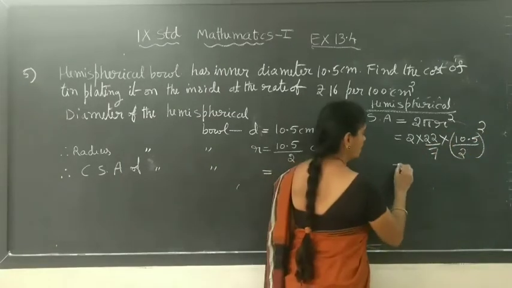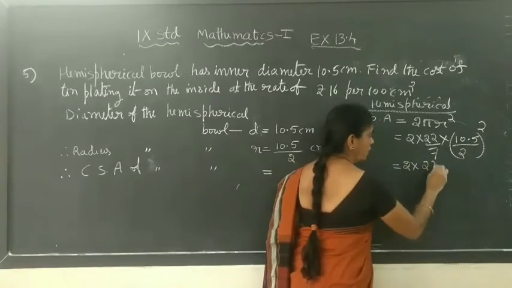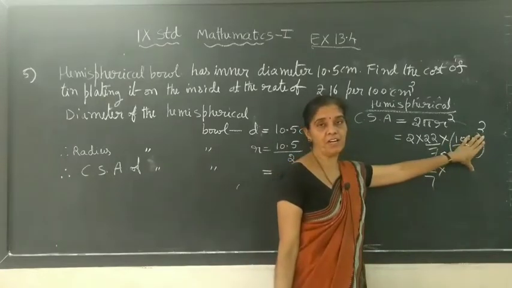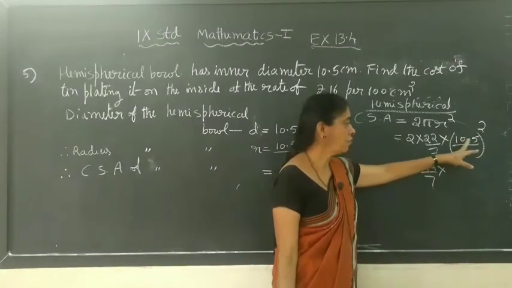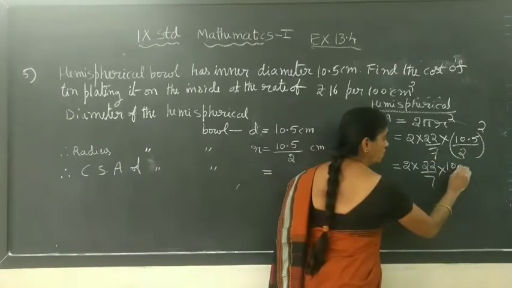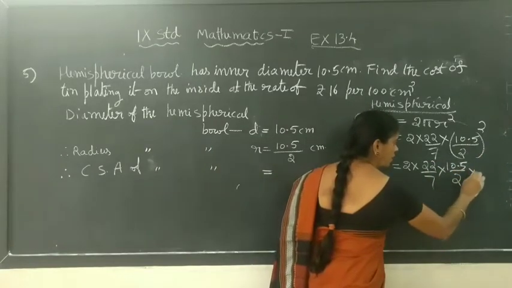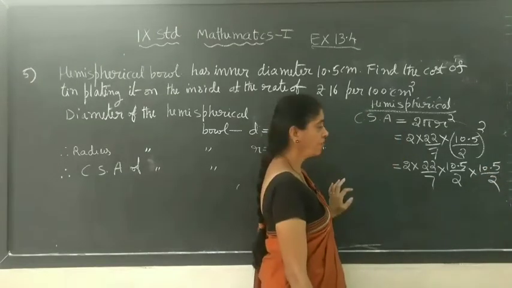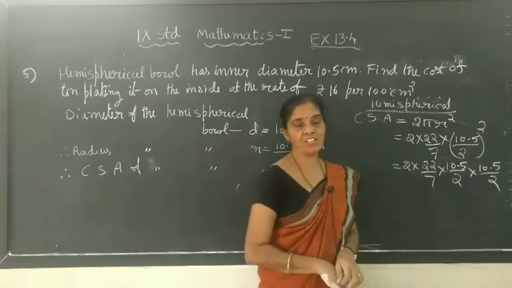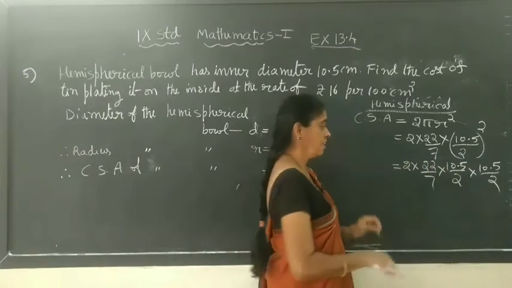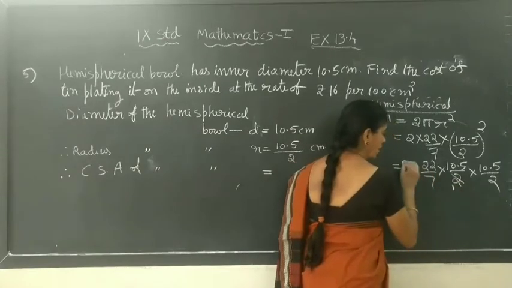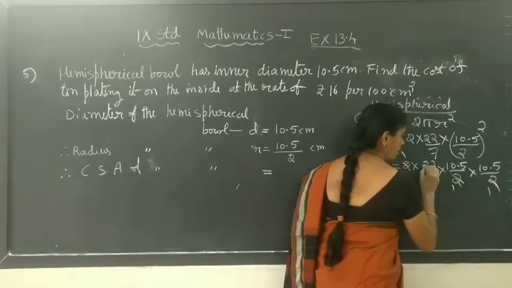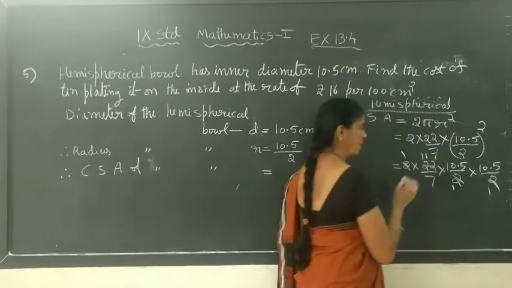Now we will simplify this: 2 into 22 by 7 into 10.5 by 2 into 10.5 by 2. Now it is easy to cancel or divide, then we will multiply for the last answer. Here 2 ones are 2, 2 ones are 2, 11 it is.